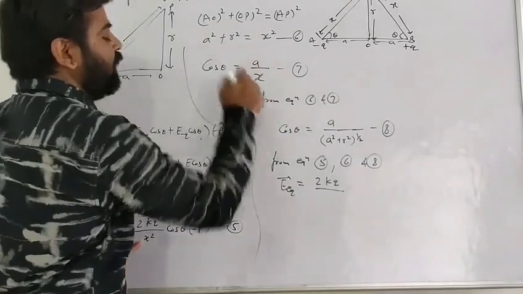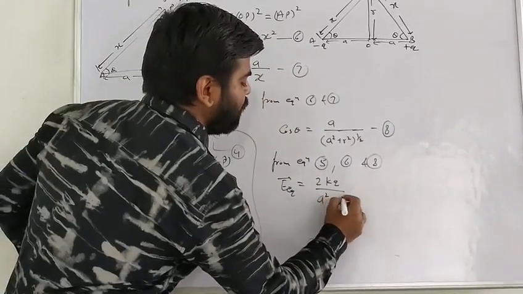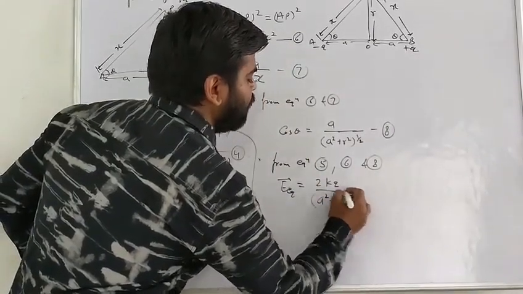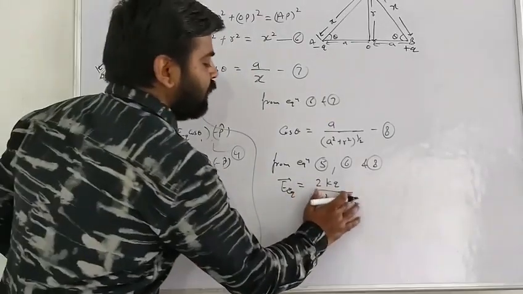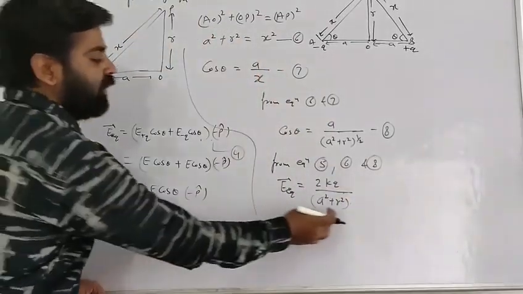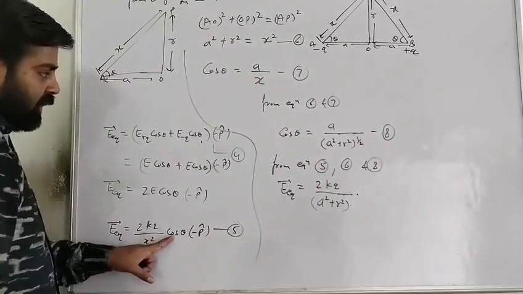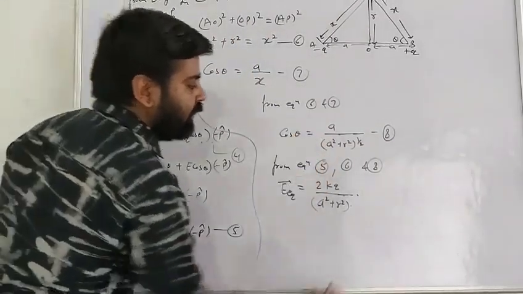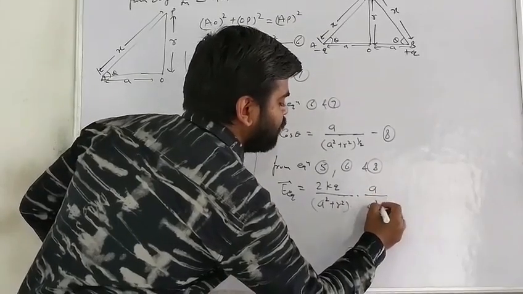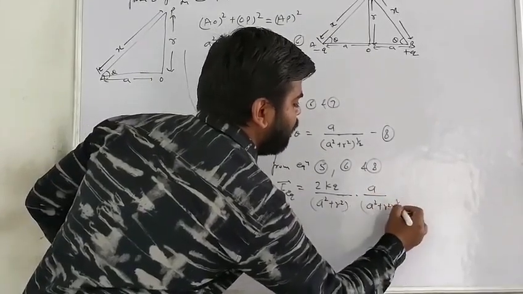What is the value of x square? The value of x square is equal to a square plus r square, and the value of cos theta is a upon a square plus r square power half.